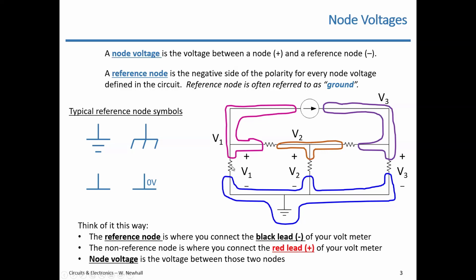So if I want to measure V1, forget about these polarities that I've drawn. They're redundant here because I have a ground node defined. If I want to measure V1, I put the red lead at V1, I put the black lead at ground. If I want to measure V2, I put the red lead at V2, I put the black lead at ground. If I want to measure V3, the red lead goes on the V3 node, the black lead goes on the reference node, the ground node. Okay.